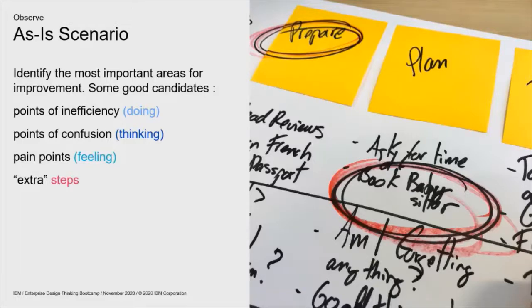So yes, this is very empathetic and might seem like something that is soft, but quickly when you start actually digging deeper on it, you'll realize that this is something where you can actually start defining what is it that you need to solve as soon as you're at the as-is scenario and understand the empathy.